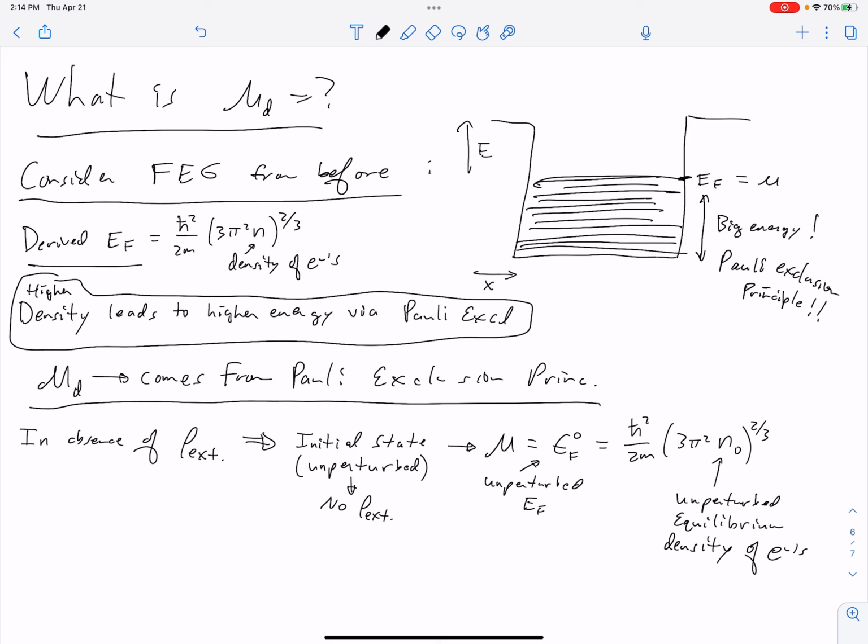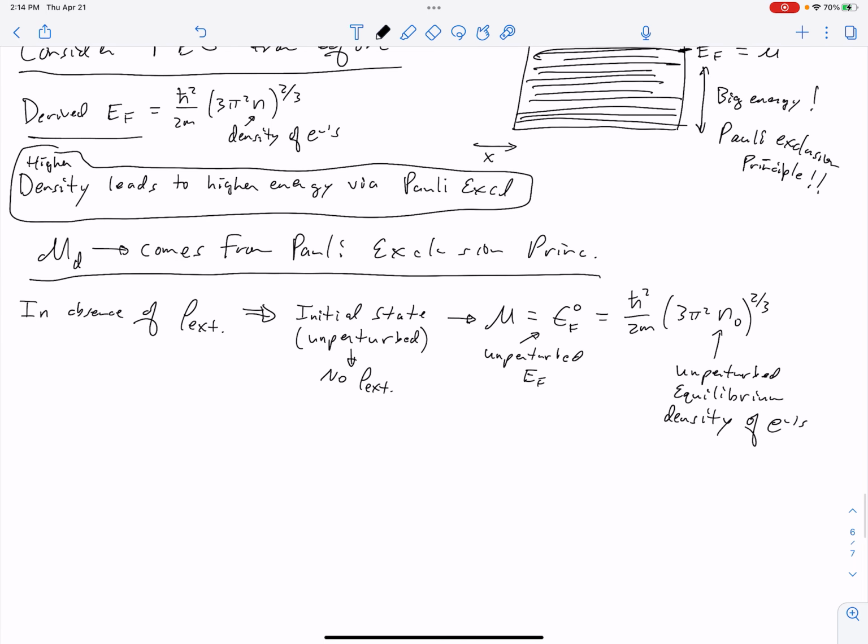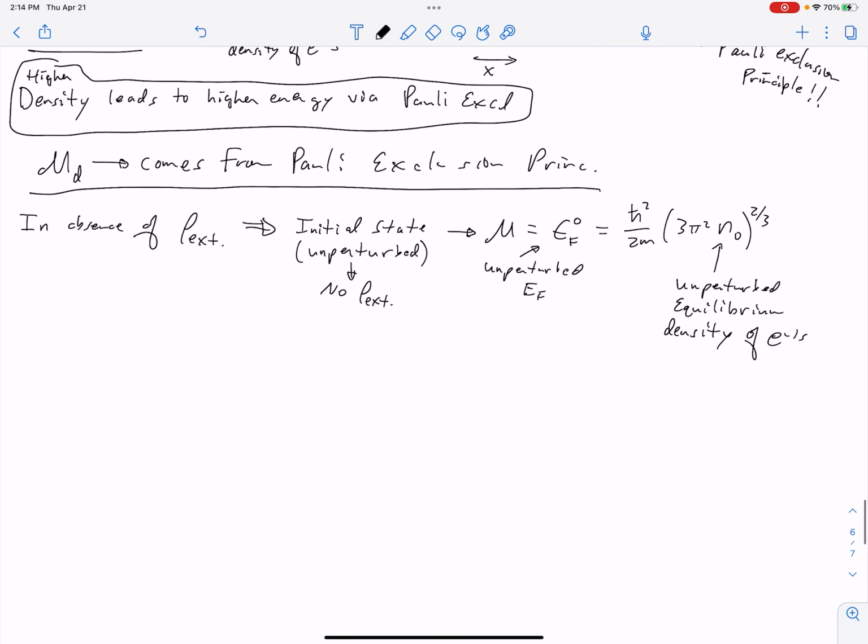All right, so that part is not so bad. And then what happens now is we generalize. Now let's make a generalization.